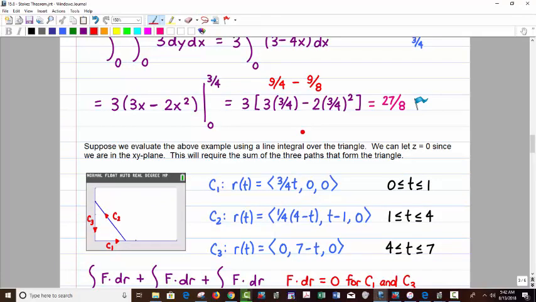Well, C1 is going to have a dr of 3/4, 0, 0 when you take its derivative.